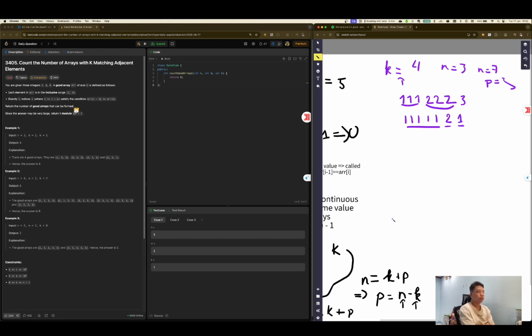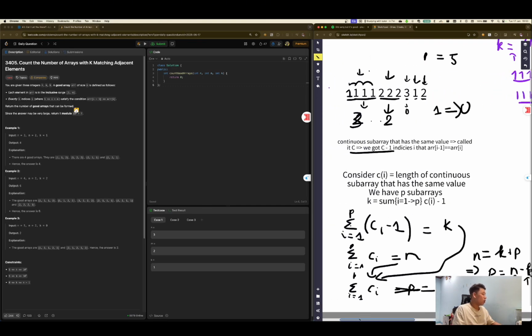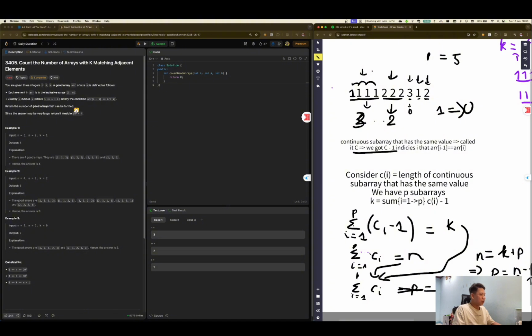It's a combinatorics problem, and if you take a close look at this problem, it may look like the earlier candy division problem. What does that mean? Okay, back to the mathematics. You got this, right?